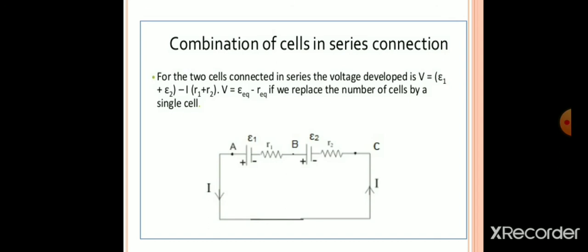The effective EMF E equivalent is equivalent to the sum of the individual EMFs, E1 plus E2, and the effective resistance R equivalent is equivalent to R1 plus R2, that is the sum of the individual resistances.